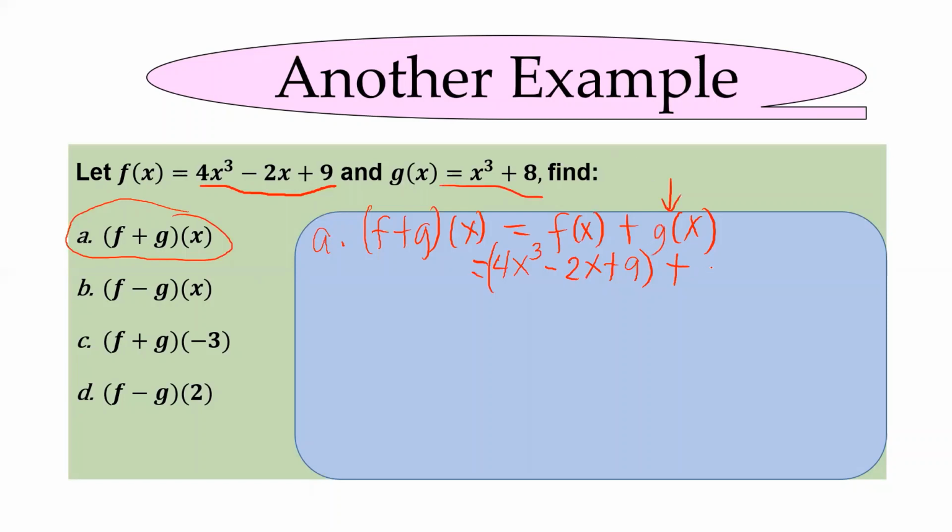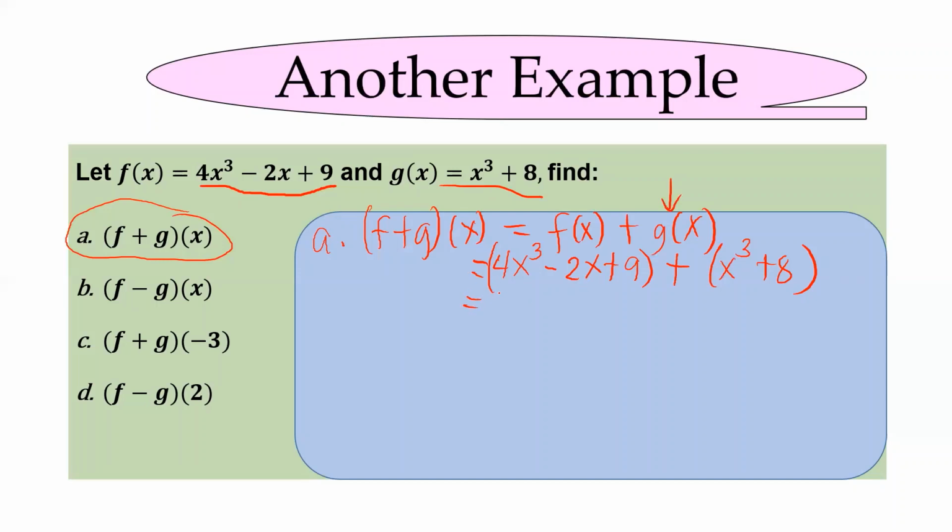We have (x cubed plus 8). If we're going to check, wala naman pong negative dito sa second part. Therefore, as is lang lahat. So, ibig sabihin, tatanggalin lang natin yung ating parentheses.